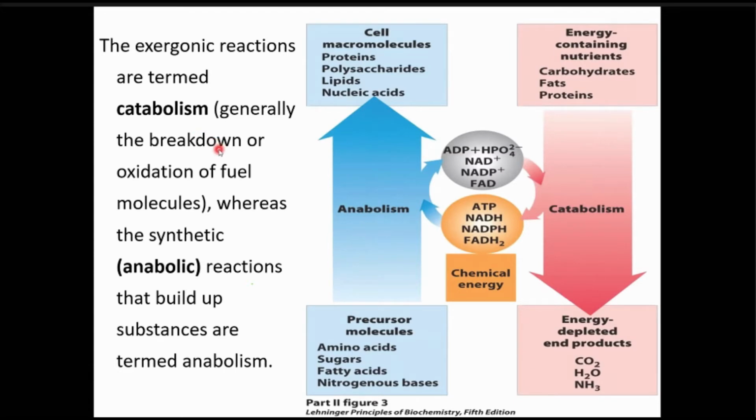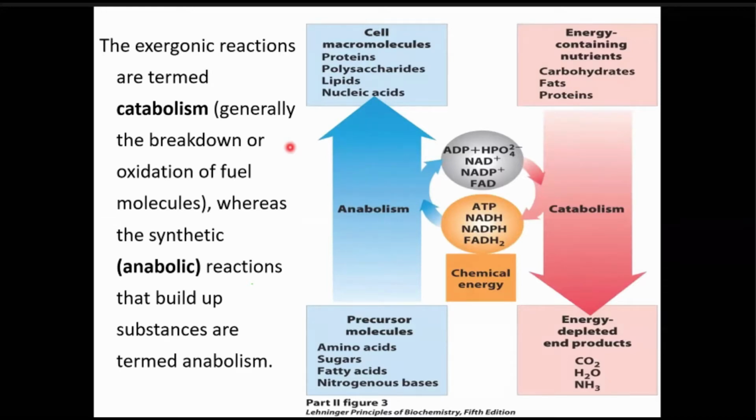Breakdown means oxidation. So you have a fuel and it gets oxidized. So this is catabolism, and this is again a prerequisite. Students should know what a catabolic and an anabolic reaction is. Catabolism means breakdown. Anabolism means building up.